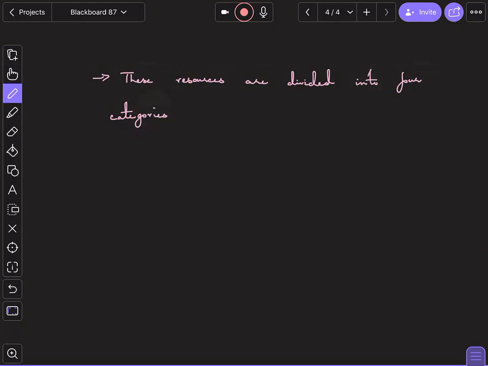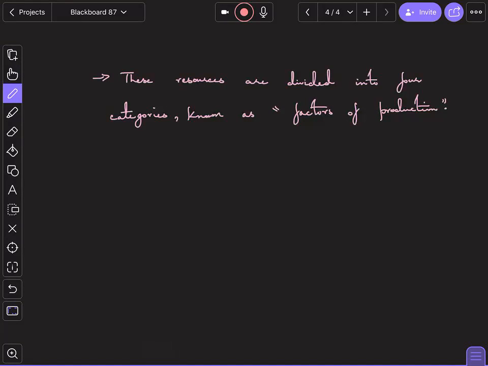And these four categories, or four divisions, are known as factors of production, because every economic agent, every firm, every producer, if they want to produce goods and services, products, then they require these factors of production.